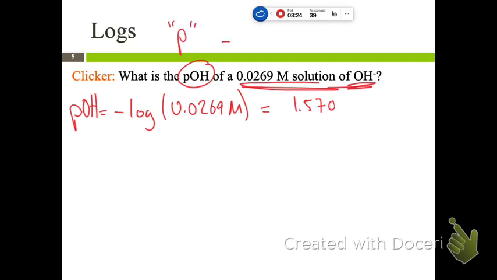P means take the negative log of the concentration of something. If it's pH, then that's H plus ions. If it's POH, that's OH minus ions. You can do that for other things in chemistry. So we have this thing called pKa. We have pKsp. We have a whole bunch of different P things, and it's always take the negative log of it. Alexis?